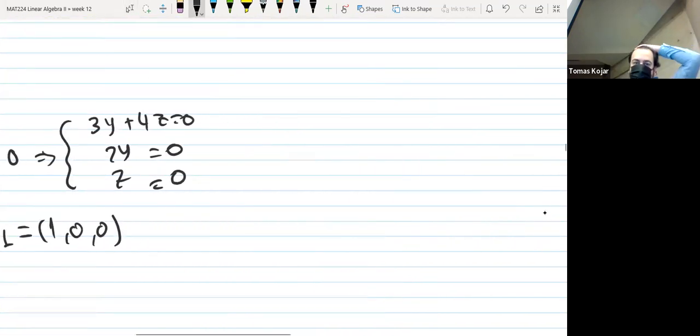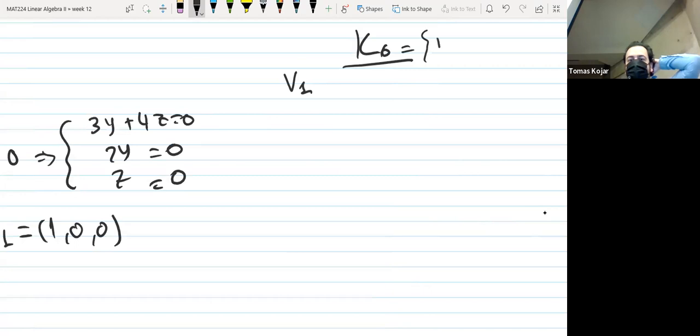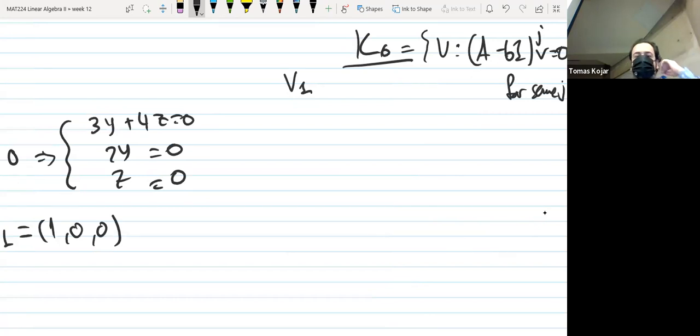So once you find V1, here we're trying to find the generalized eigenspace K6, and these are all the V such that A minus 6I to the J of V is 0 for some J. So what you do is the following trick. Once you find V1, because it's an eigenvector, A minus 6I of V1 is 0.